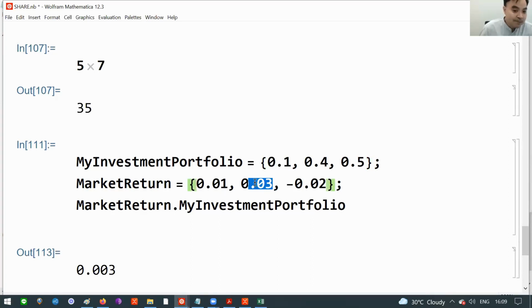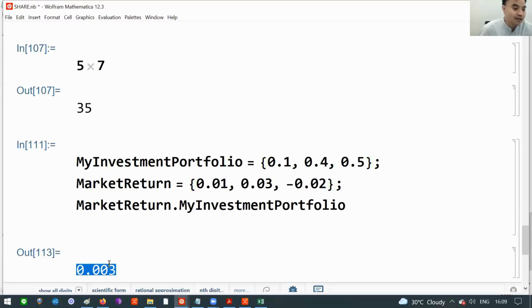I make 3% from 40% of my investment, but I lost 2% in 50% of my investment. So this times that plus this times that plus this times that is equal to this. For the period, I make 0.3%. Okay, barely above 0. This is the main way of using it.